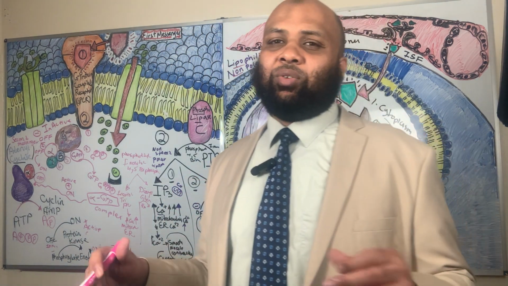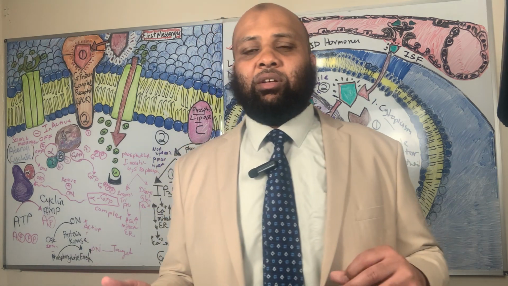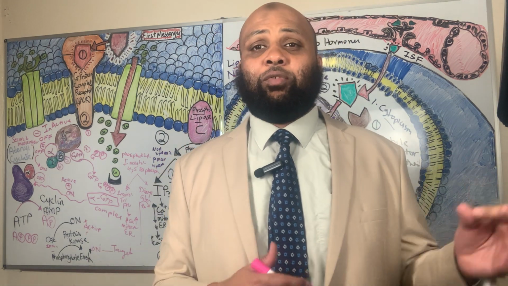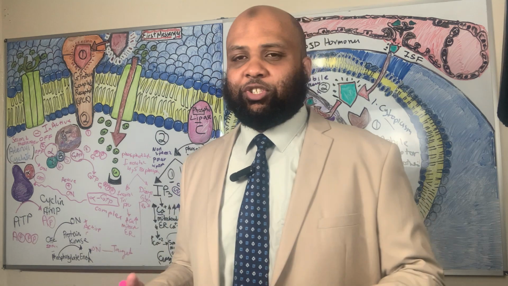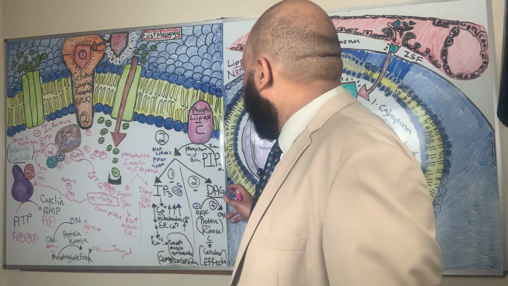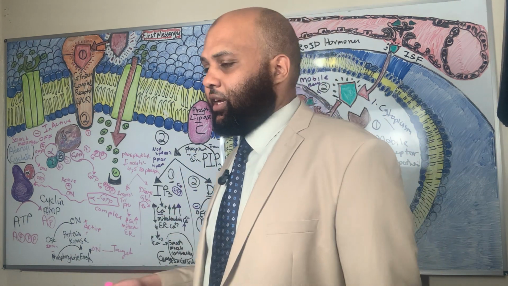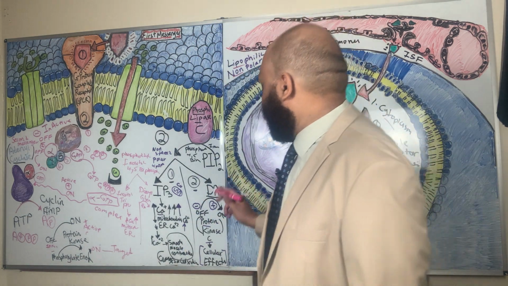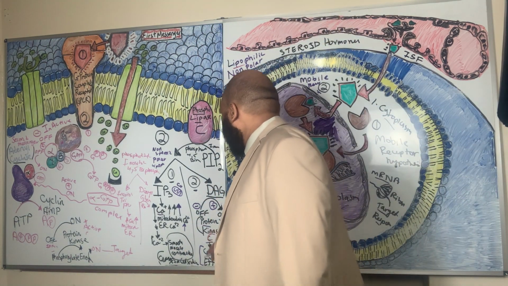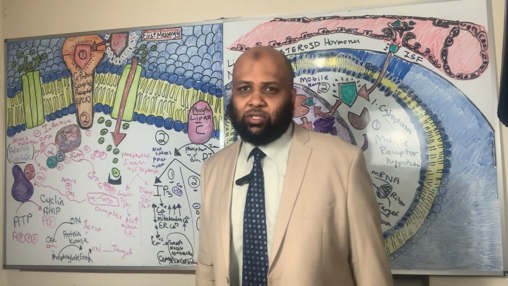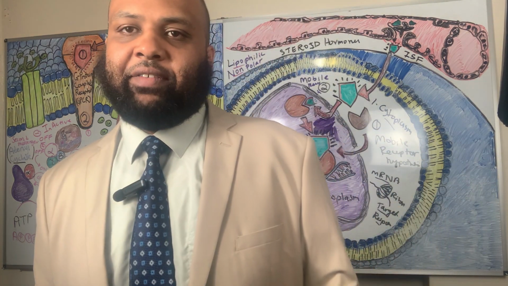But the diacylglycerol, once synthesized, is going to convert from an off position into an on position very important regulatory protein kinases, known as protein kinase C, and protein kinase C is going to exert important cellular effects.